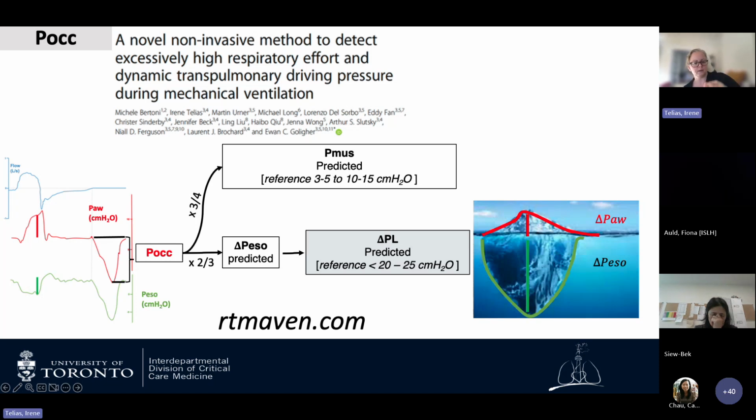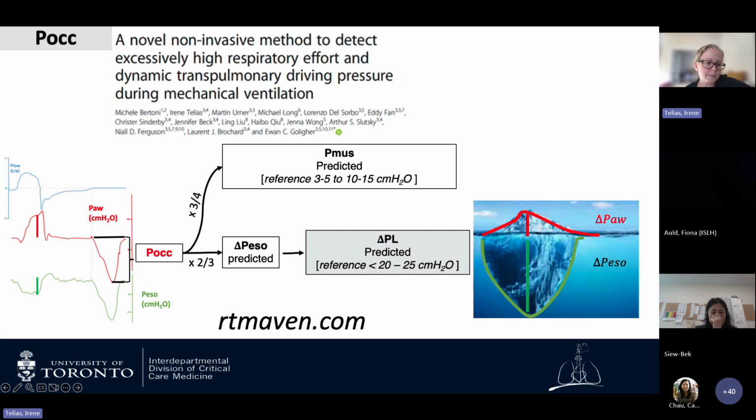The other great thing about POC is it allows you to measure the total driving pressure during the unoccluded breaths, okay? And I put the analogy of the iceberg again. So we have the positive pressure from the ventilator and the negative pressure generated by the patient, okay? And how do we estimate this? So first, we need to estimate what's the negative pressure generated by the patient, which is a value slightly lower than P-mus. If you remember my slide when I showed you what P-mus actually is, because we don't need to add the chest wall recoil pressure.